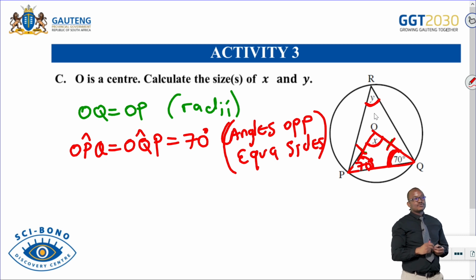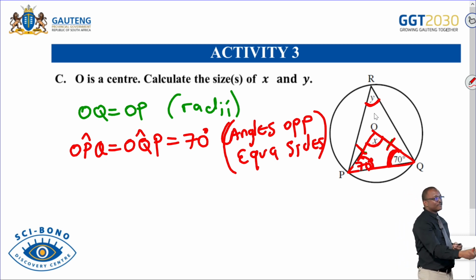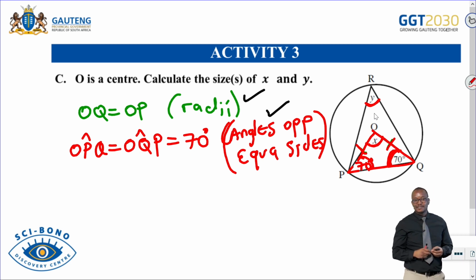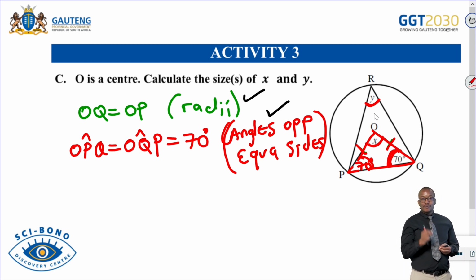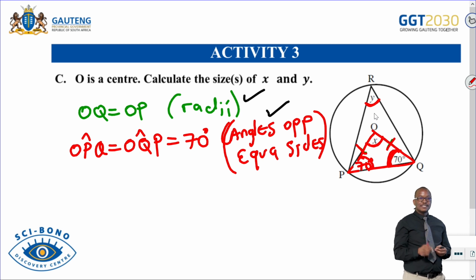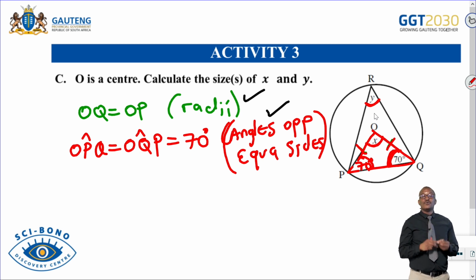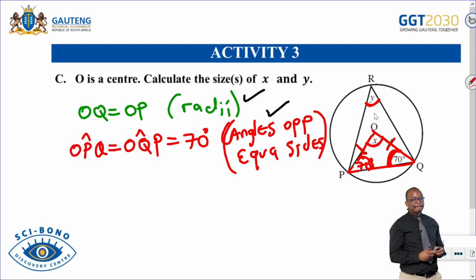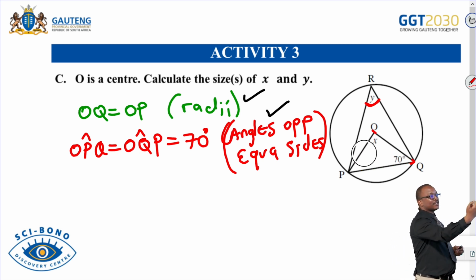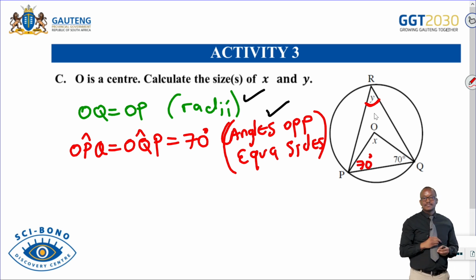So that is the proper reason to give when we are dealing with the isosceles triangle: angles opposite equal sides, when you want to prove that angles are equal. Then from there, you can see that if now our P is 70, we can get our angle of x.